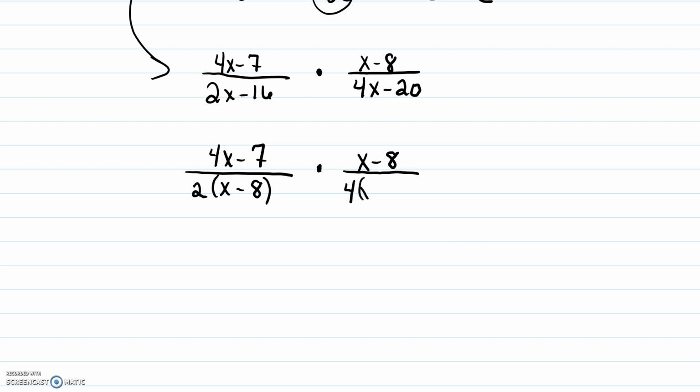It has one of 4, so we'll factor that out. 4 times x is 4x. 4 times negative 5 is negative 20.